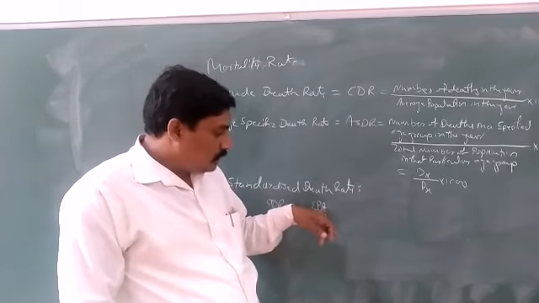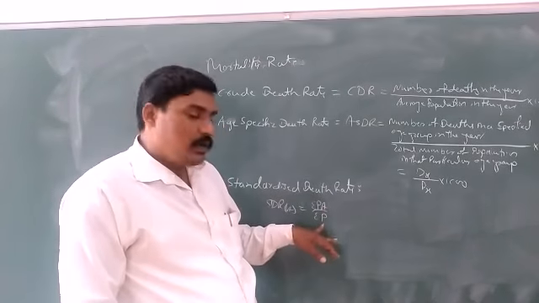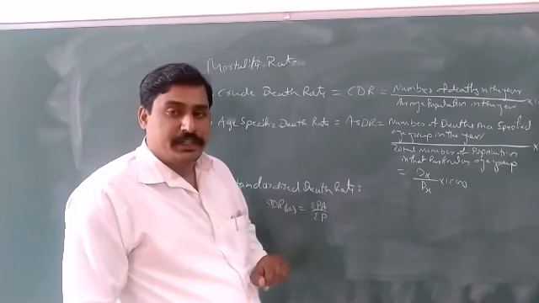The total of ASDR times standard population divided by the total of just the standard population.